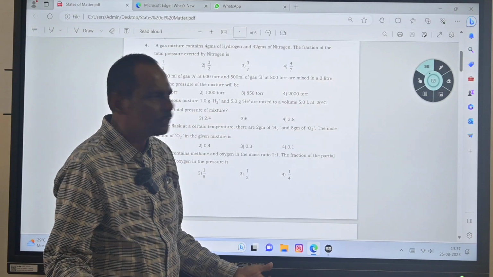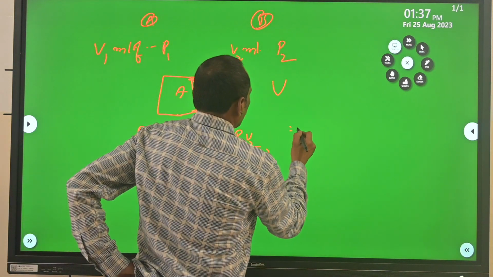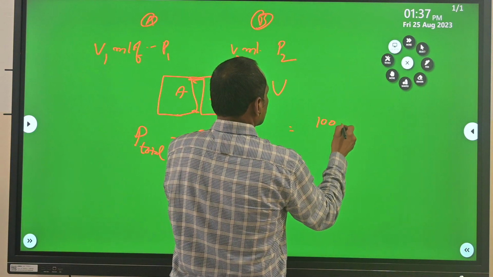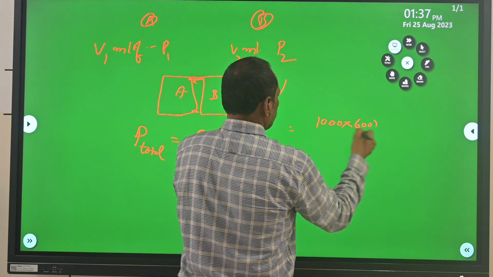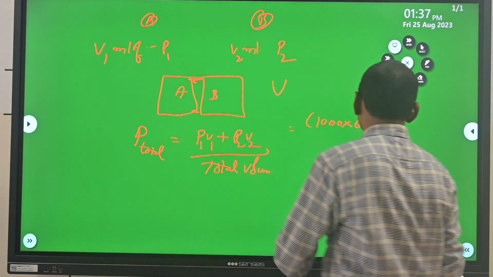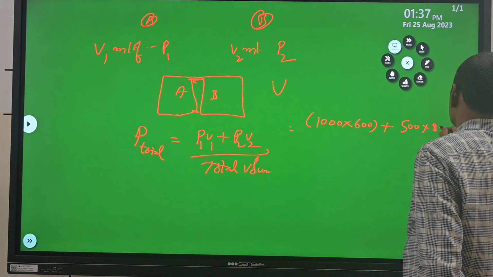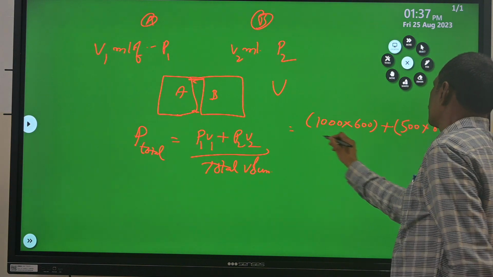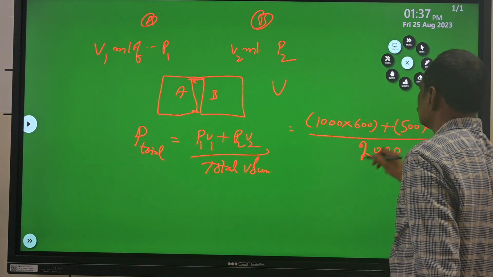Therefore, the first gas 1000 milliliters into 600 torrs, P1V1, plus P2V2, 500 milliliters of another gas at 800 torrs, taken in 2 liters vessel. 2 liters vessel means 2000 ml.